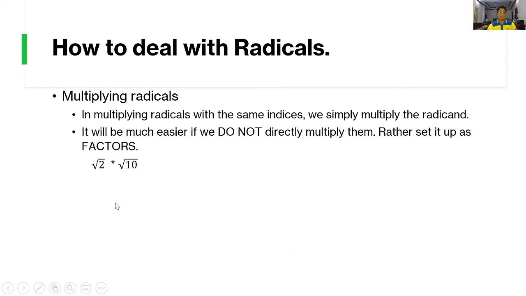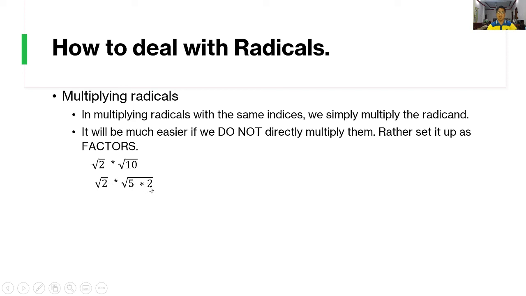So, tingnan natin. We have here now square root of 2 times square root of 10. Ito yung sinasabi ko tendency, 2 times 10, ganun kagad, square root of 20. Malaki na yung number, tapos hanapin mo pa yung factor na pwede. Okay. So this will be square root of 2 times 5 o square root of 5 times 2.